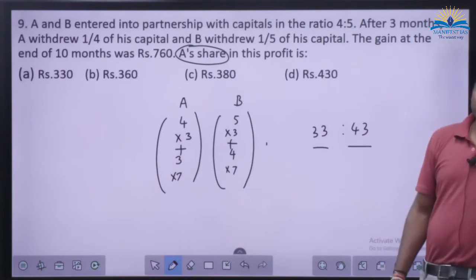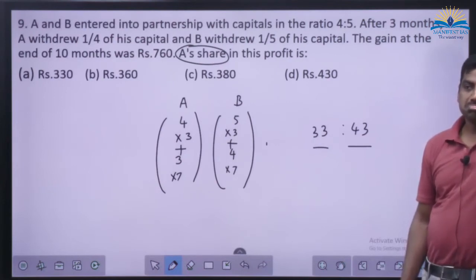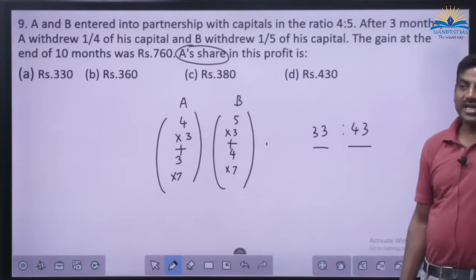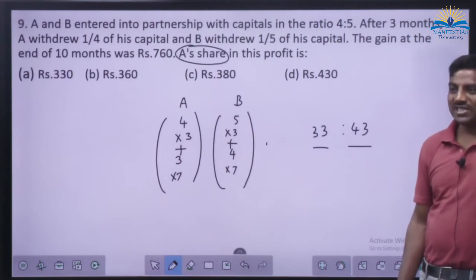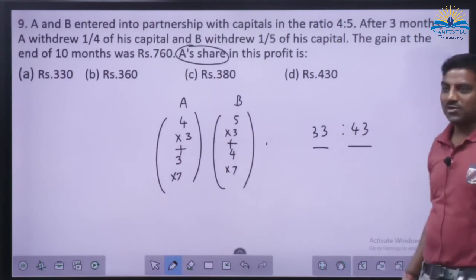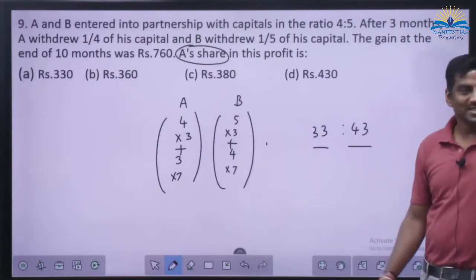Out of 760 rupees, what is the share of A? Out of 76, A's share is 33. Out of 760, what is the share of A? 76, put 10, you will get 760, right? Similarly, put 10 here, put 10 here. 330 is the share of A, 430 is the share of B.